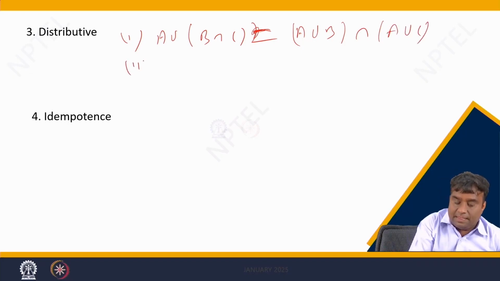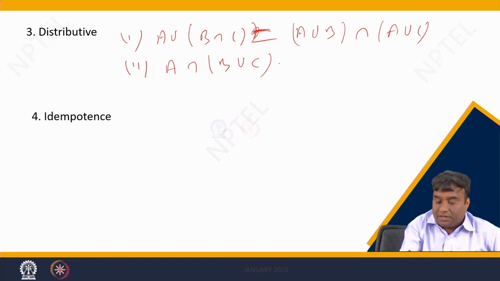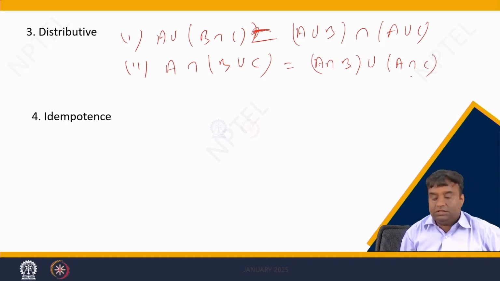Similarly, A intersection (B union C) is equal to (A intersection B) union (A intersection C). So this is known as the distributive property.